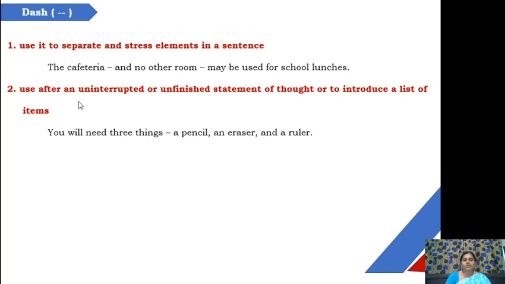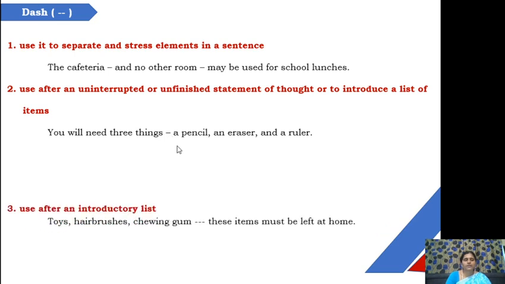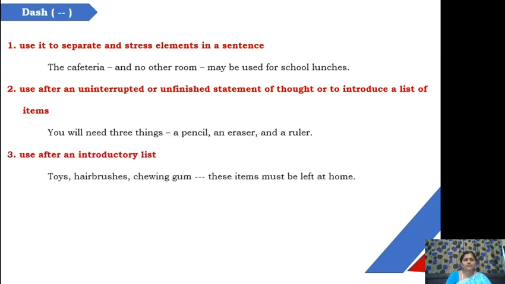So like you use it after an uninterrupted or unfinished statement of thought, or to introduce a list of items. So here we have introduced a list of items. Before introducing a list of items, we kept a dash. Use after an introductory list, like here: toys, hairbrushes, chewing gum—these items must be left at home.